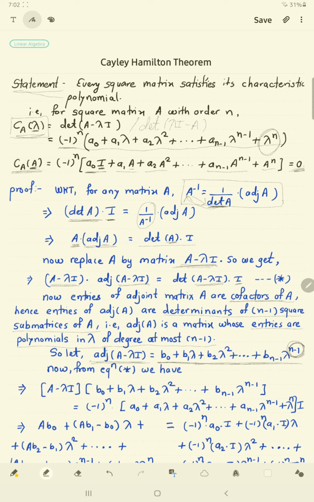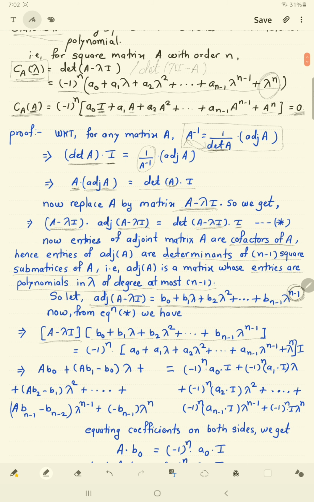Now from equation star we have A minus lambda as it is. Adjoint of A minus lambda is replaced by b0 plus b1 lambda plus b2 lambda square up to b_(n minus 1) lambda raised to n minus 1. Now determinant of A minus lambda is minus 1 raised to n into a0 plus up to lambda raised to n.